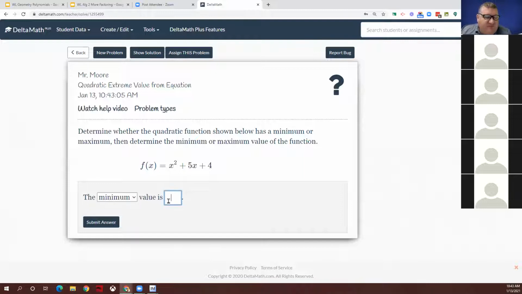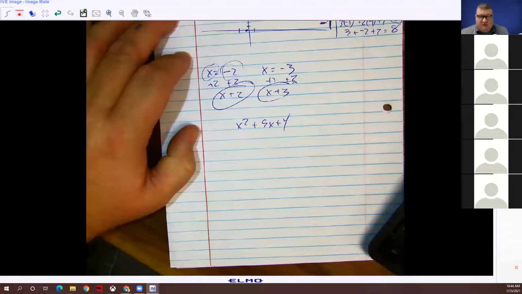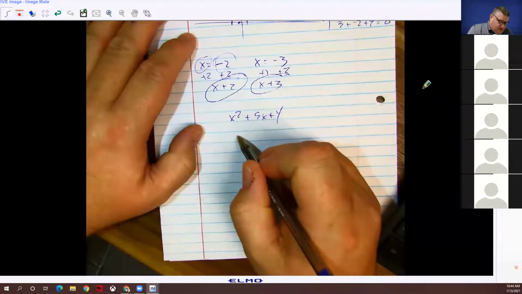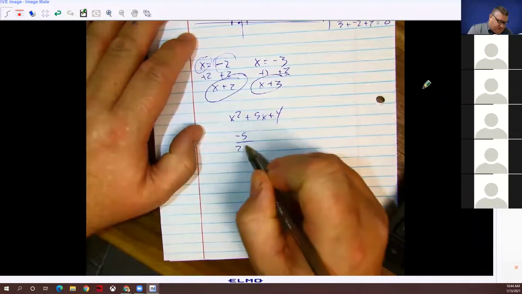Now, how do I find the minimum value? What point is at the bottom of a parabola? The vertex. So find the vertex, opposite of b over 2a, and plug it in. So in this particular case, -5 over 2 times 1.